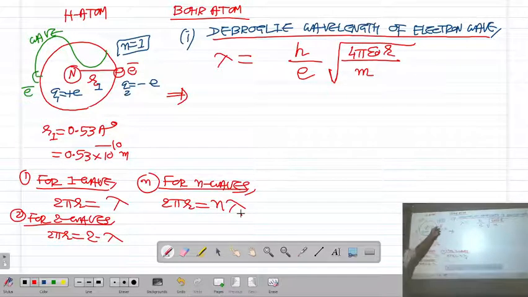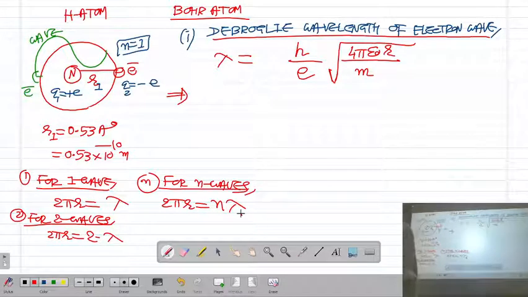So if the circumference 2 pi r of electron orbit contains one electron wave, then 2 pi r is equal to 1 lambda, because the wavelength of one electron wave is lambda. If circumference contains two electron waves, then 2 pi r is equal to 2 lambda. If it contains three waves, then 2 pi r is 3 lambda. And if circumference of electron orbit contains n integral number of electron waves, then 2 pi r is equal to n lambda.